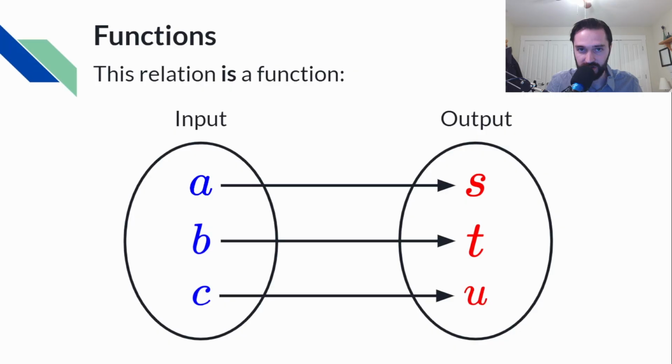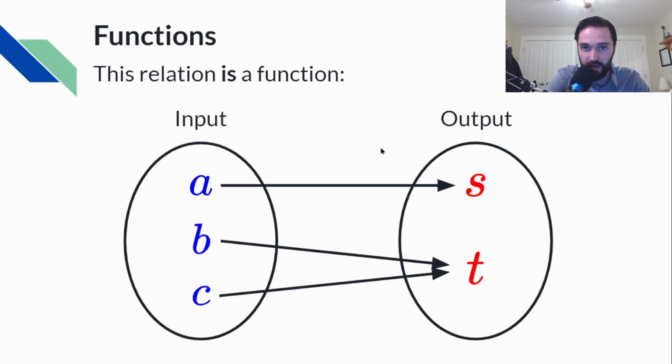Let's visualize functions in a different way, and let's try to generalize this a bit. This blob here is my input, so this is the domain, and this blob over here is the output, or the range. So we're mapping A to S and B to T and C to U. Every input is associated with exactly one output, so this relation is an example of a function.